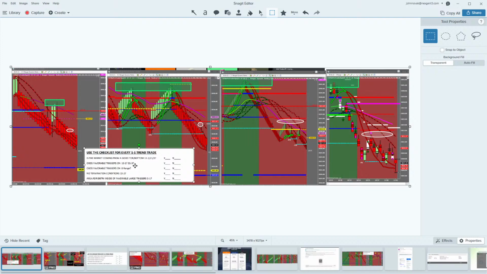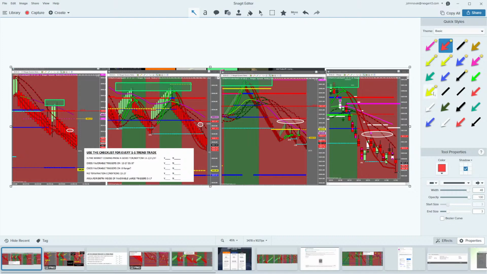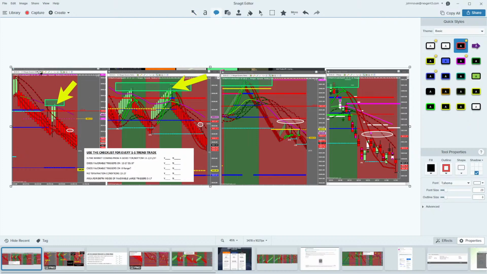Is the market coming from a good top or good bottom on the 13.2, 21.3? The 13.2 had a 1-to-1, and then the 21.3 is smoking to the downside. So I'm going to call that very good top for now.